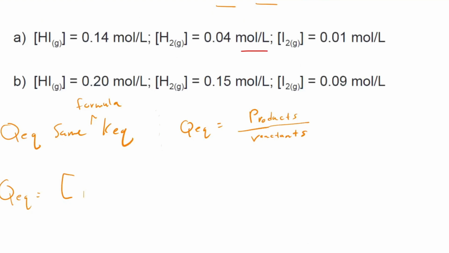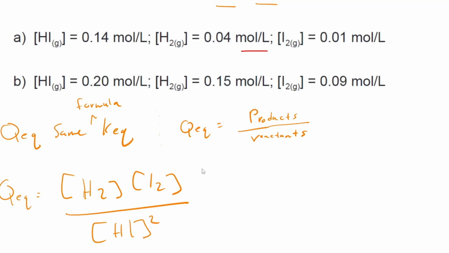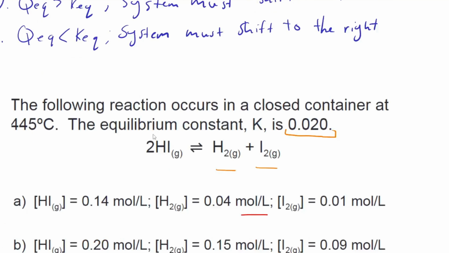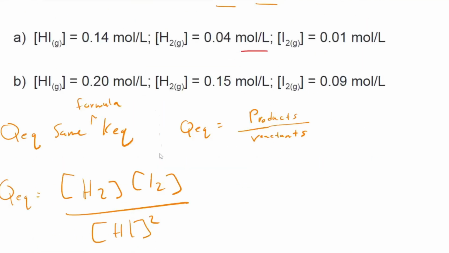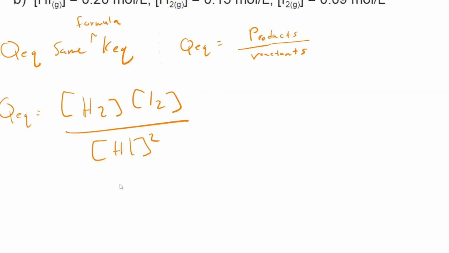So [H2][I2] over [HI] squared. Now, why did I put a squared here? The reason is that there's a 2 in front of this one here, so this will go to the front as the power of 2 in this case. That's how I like to think about it.